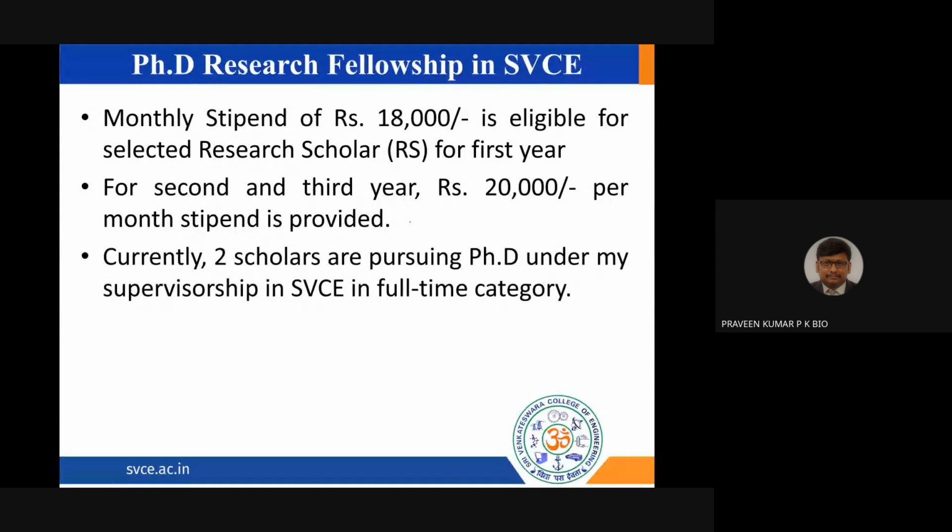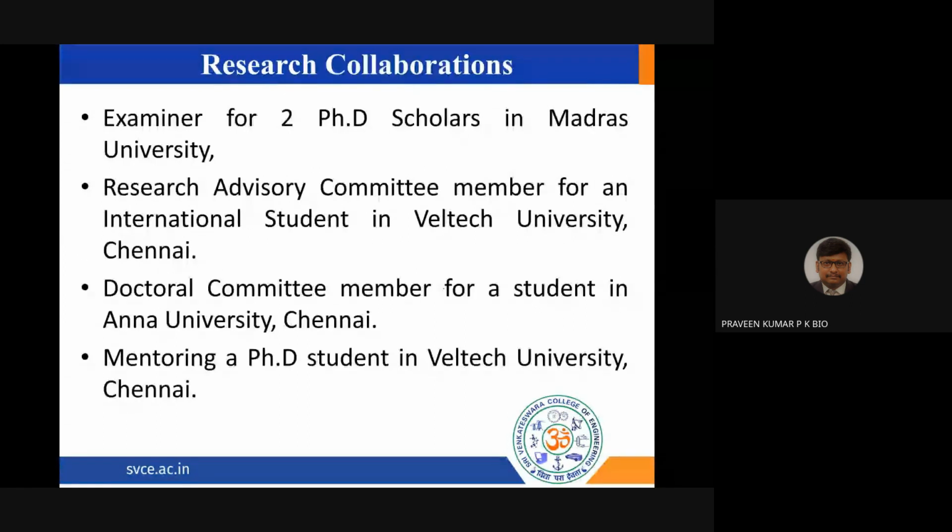But if the scholar has applied for project proposals and gets a stipend from government organizations, then this will cease at that time, and the government fellowship will continue from the day of the sanction order. So we are promoting even PhD research scholars initially with this stipend. Currently, 3 scholars, and this month one more scholar, are pursuing PhD under my supervision. The scholars are also receiving that kind of research fellowship.